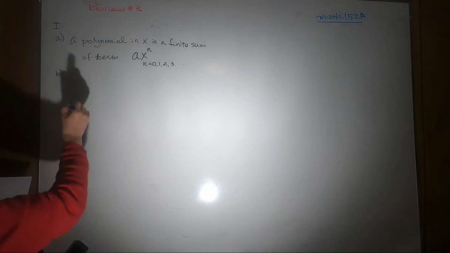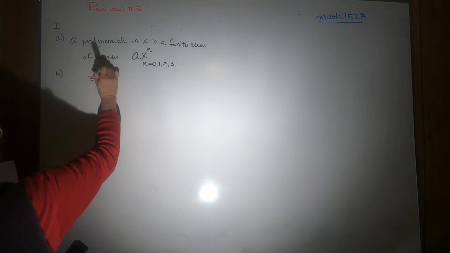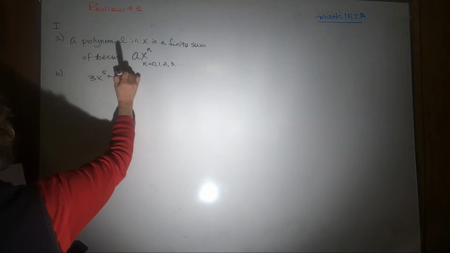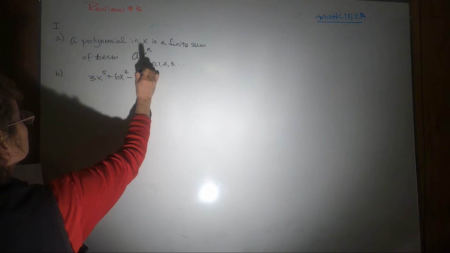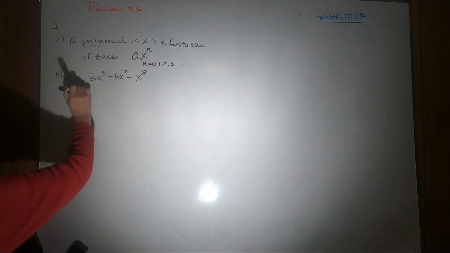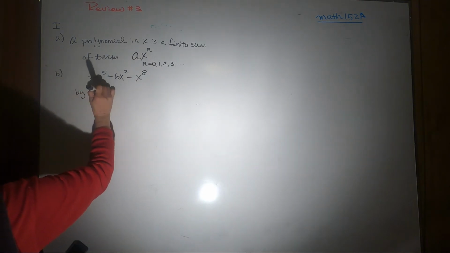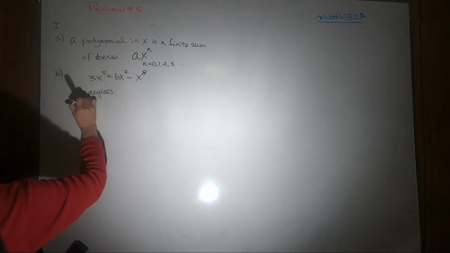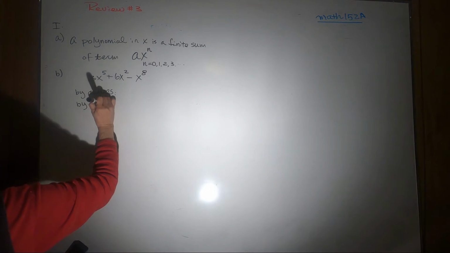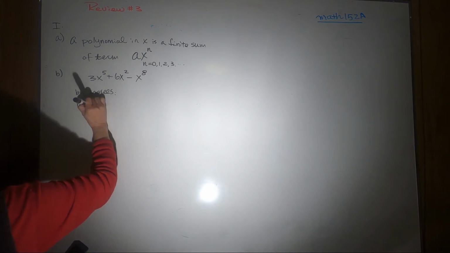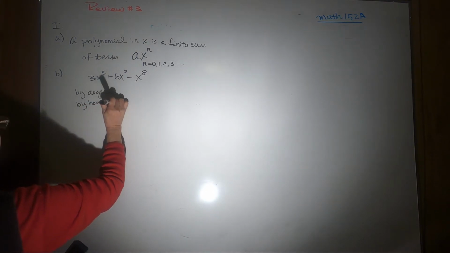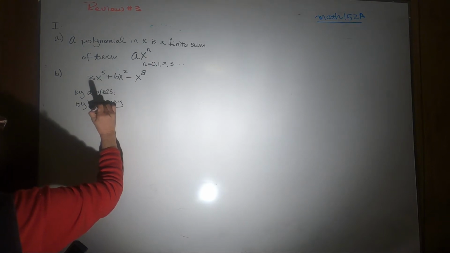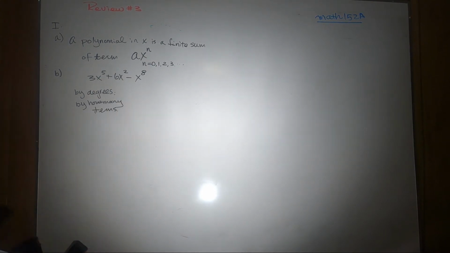So like this one, we classify it 2 ways, right? By degree, how high it goes, and also by how many terms. So we would describe a polynomial this way.